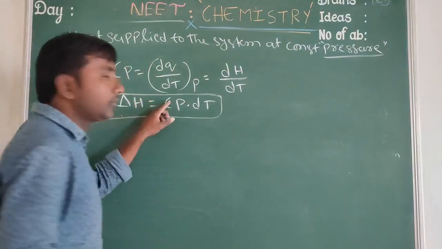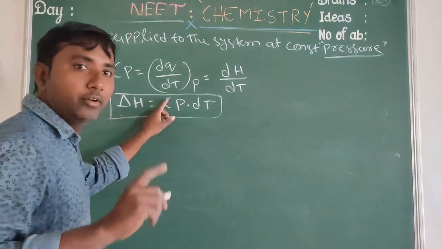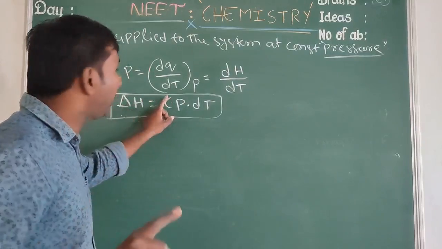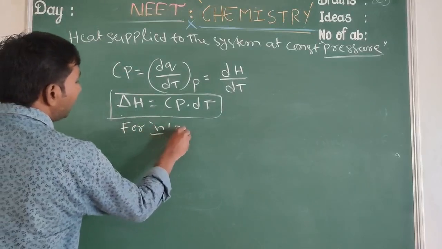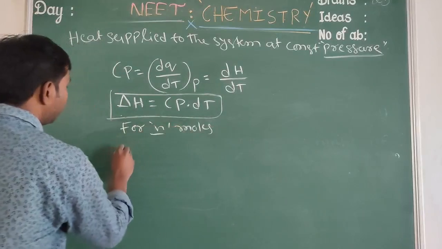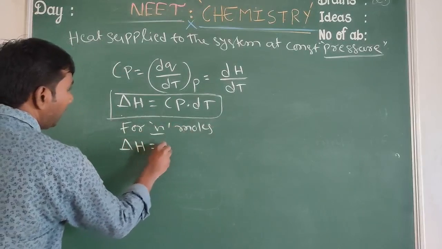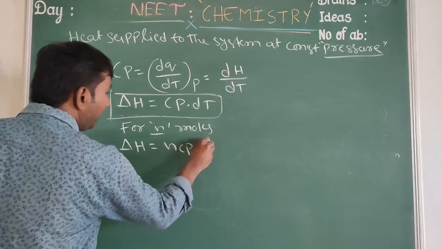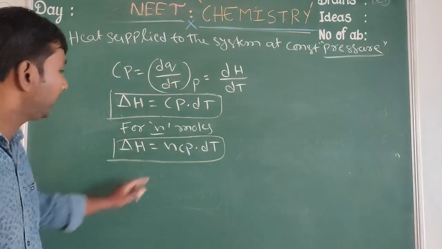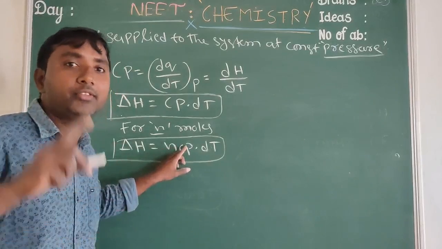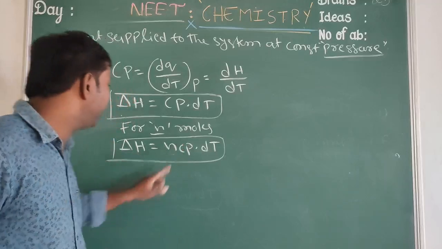Here Cp means heat capacity for a given amount of the substance. For n moles, del H equals n Cp into dT. Here n means number of moles. In this case, Cp means molar heat capacity.